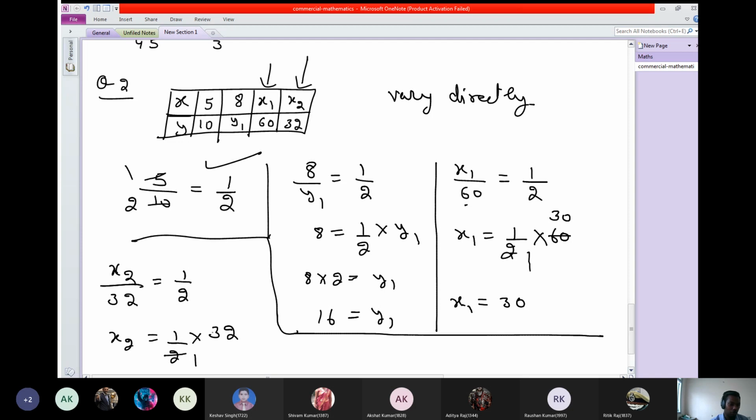Then 2 into 1 is 2, 2 into 16 is 32, and you will find the answer x2 equal to 16. Clear? We will find the value of x1, y1 and x2. It's clear or still any doubt?